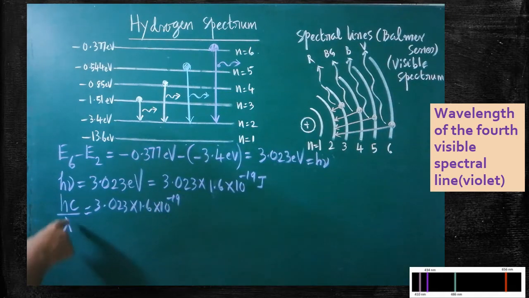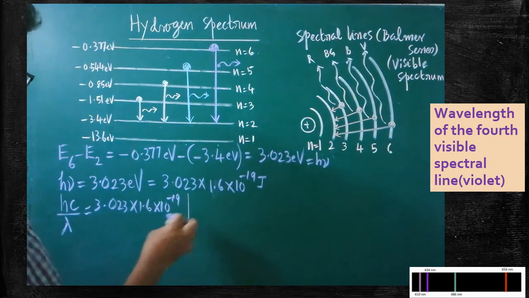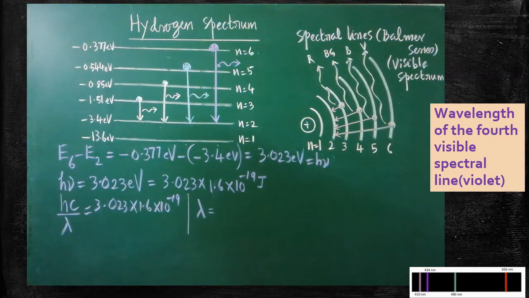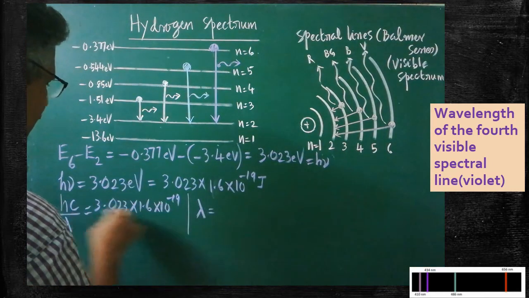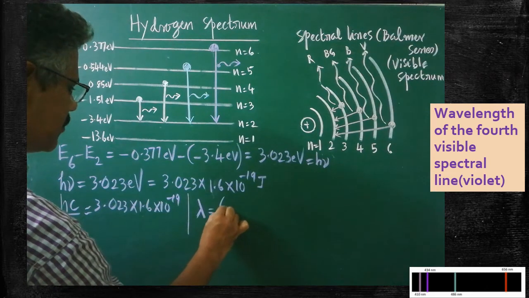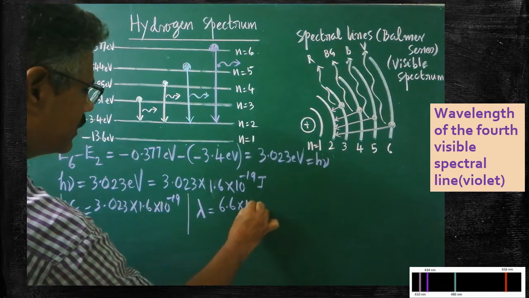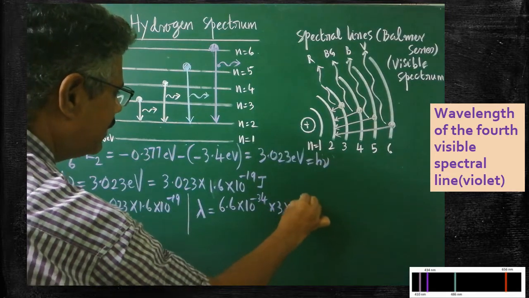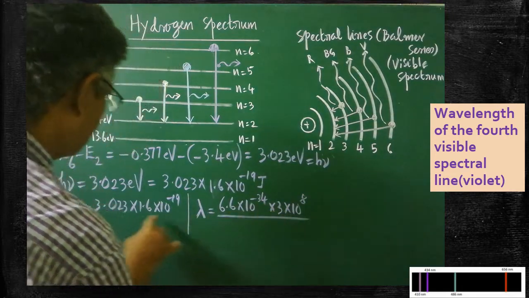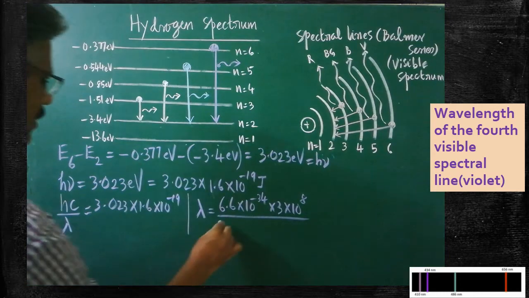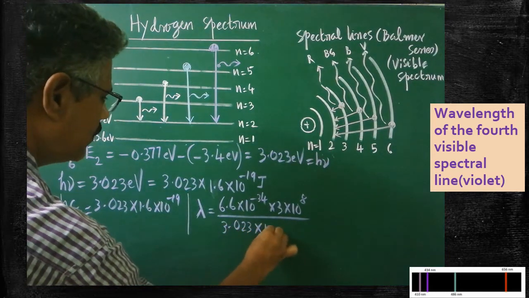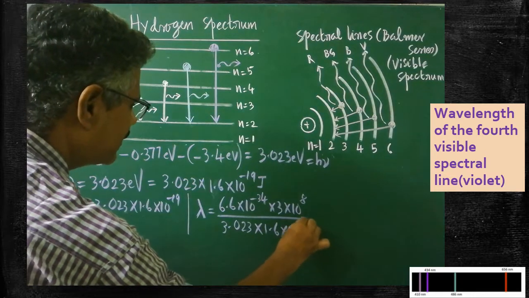So how to calculate the wavelength here? That value is to be cross multiplied. Lambda is equal to Planck's constant, h, c: 6.6 into 10 to the power of minus 34 into 3 into 10 to the power of 8, whole divided by 3.023 into 1.6 into 10 to the power of minus 19.